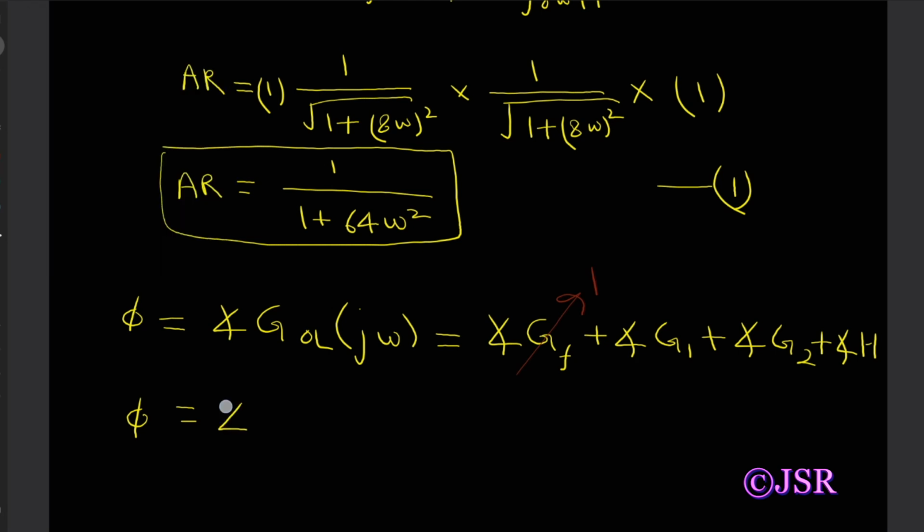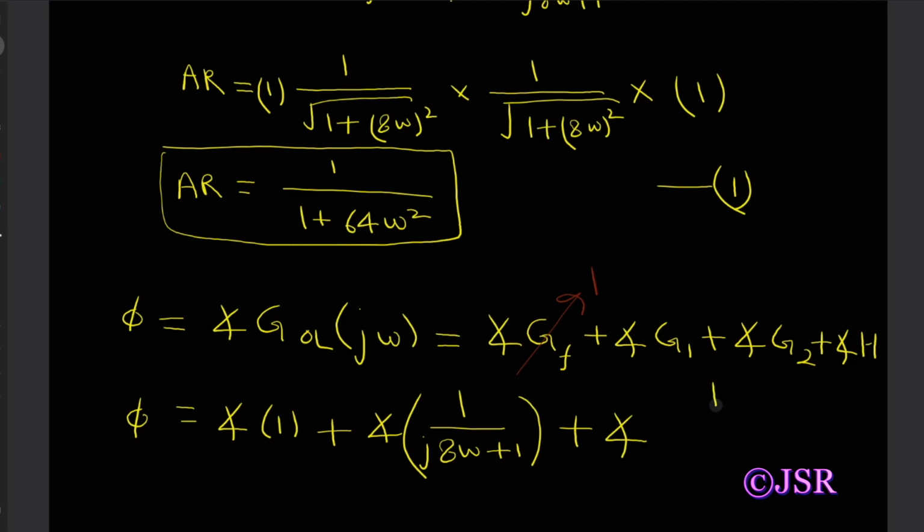The argument of 1 plus the argument of 1 upon 8 omega plus 1, plus the argument of 1 upon j 8 omega plus 1, plus the argument of e to the power minus j 2 omega.